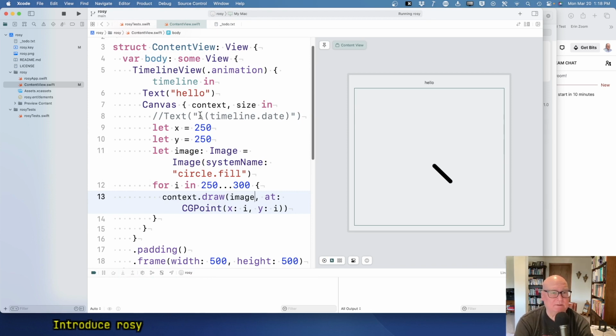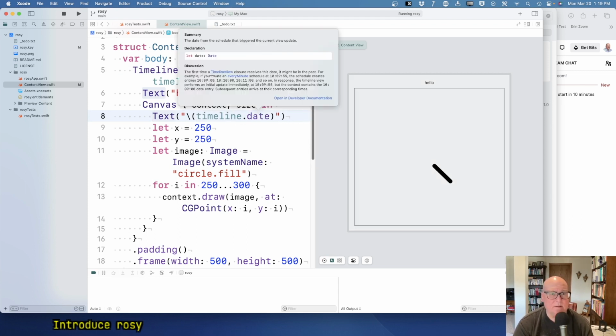Now we've got the timeline view. I shouldn't need to loop, maybe? Okay. I wonder if I can capture that first time? Let's see what timeline.date has as a type. Date.